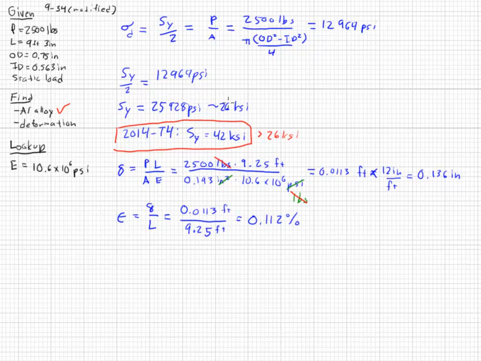The yield strength needed was about 26 KSI. We found one that was relatively cheap and yet had a large factor of safety. We used the standard deflection equation, standard strain equation, and followed our units carefully to the correct answer.